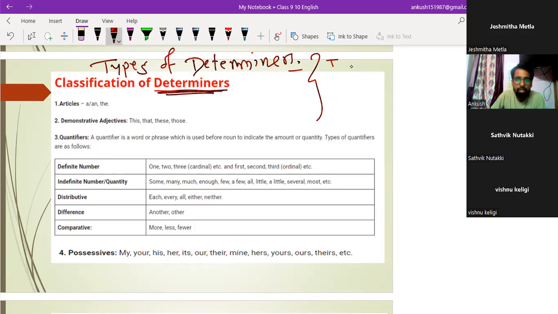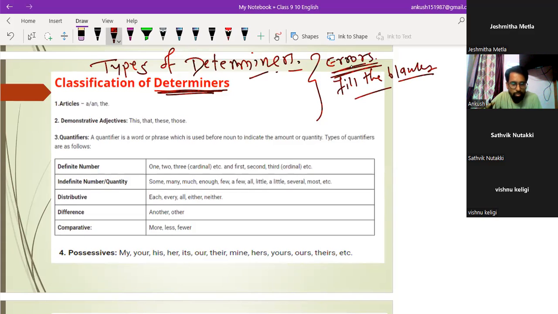Where are determiners used in English grammar or the English syllabus? First, whenever you are finding errors, it is a very important topic in the exam. Whenever there is a question of errors, determiners are asked. Fill in the blanks at the end of the passage too.